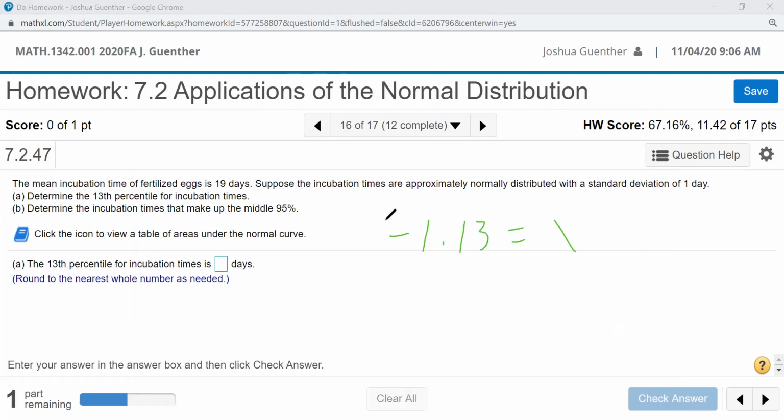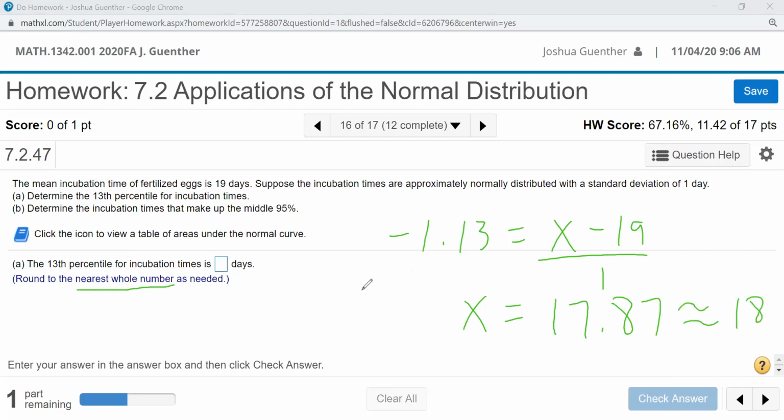We need to find the x-score for that, where mu is 19, sigma is 1. You solve for that, multiply both sides by 1, add 19. That's going to end up giving you 17.87, it looks like. It wants you to round to the nearest whole number, so round to 18.